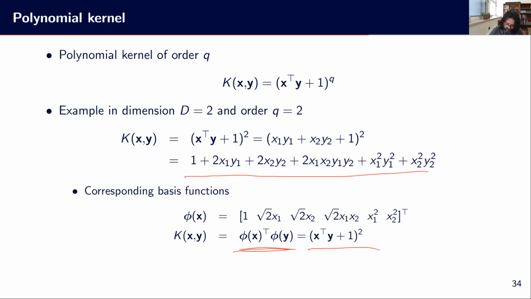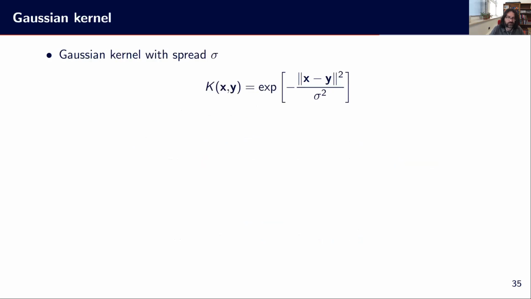So the nice thing is that we see that this seemingly simple formulation gets us a mapping from 2 dimensions into 6 dimensions that are described by this thing. So it is possible to do that analytically for this specific setting, polynomial kernel, 2 dimensions, order 2. For the other cases, it's much more complex to make this development. It's not that easy. But we have a case that is illustrating this well here.